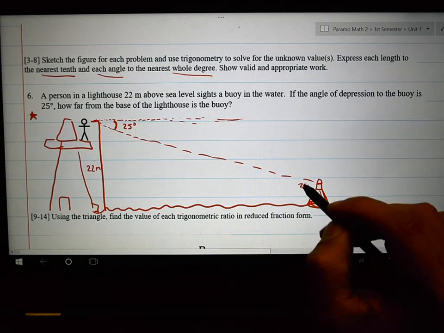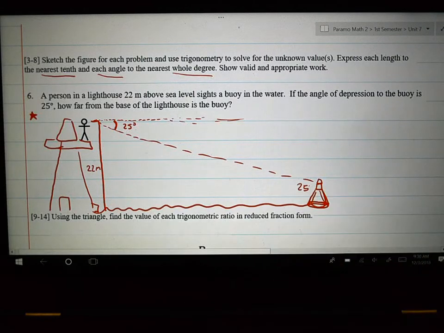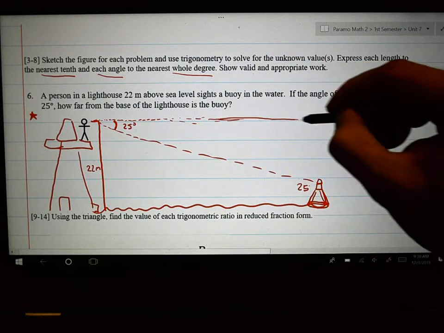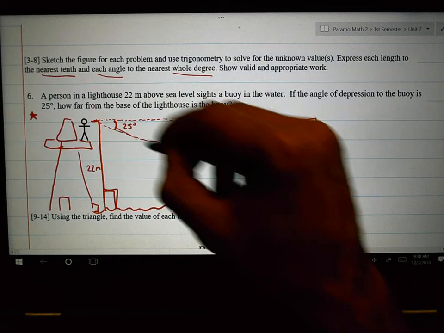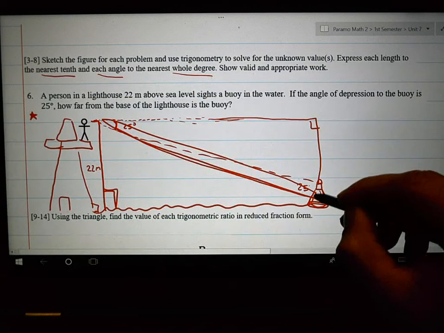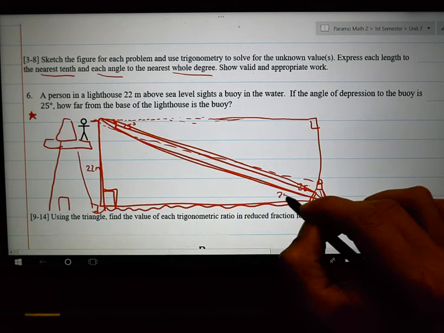So sometimes I'll put the 25 degrees over here, and it makes a whole lot more sense for me to do the problem this way. Otherwise, what you have to do is draw another right triangle. Otherwise, you can use this triangle right here. This right triangle. 25 degrees.